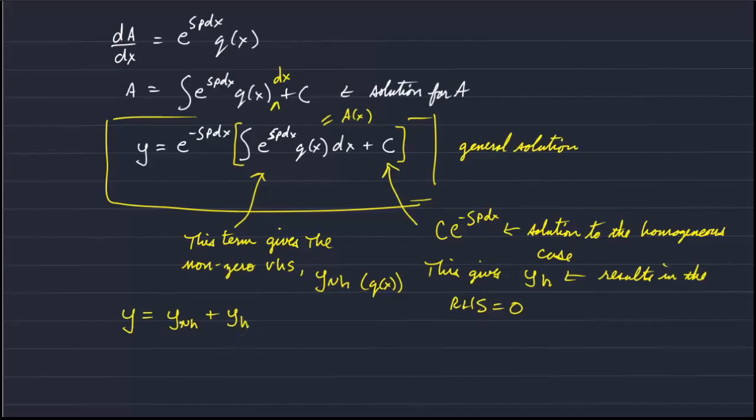And so when we combine the two, we get, again, 0 on the right-hand side plus q on the right-hand side. Okay, so that's an overview of the general solution using the variation of parameters method, and a little bit more into the two parts of this general solution.